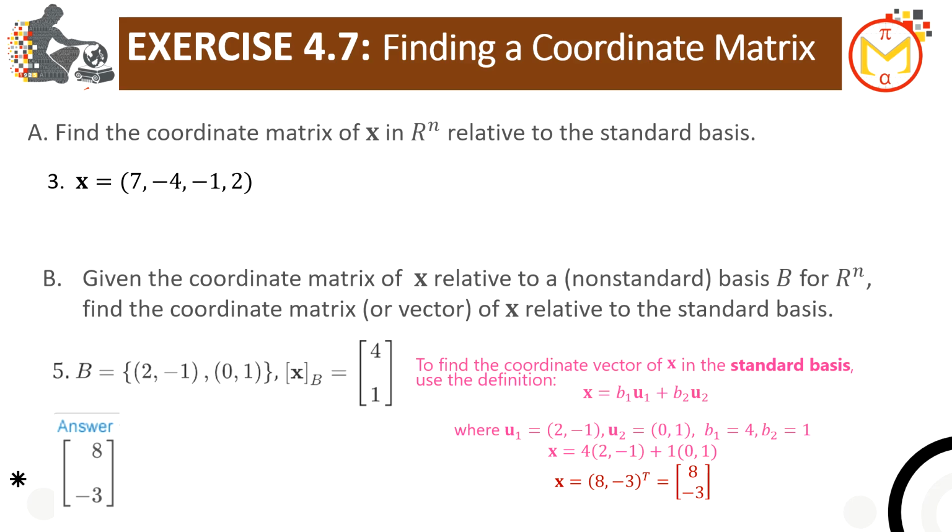So for number 5, you have 2, negative 1 and 0, 1 as B. And given the coordinate matrix of x relative to B, which is 4, 1, to find the coordinate vector of x in the standard basis, we can use this condition.